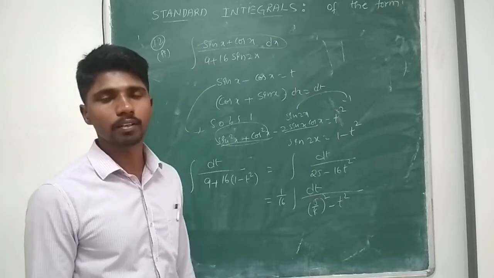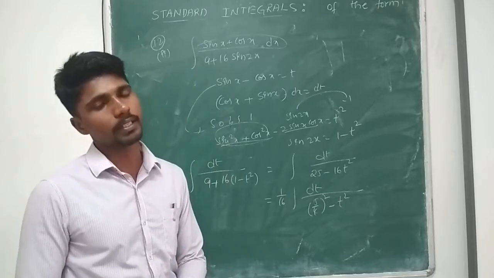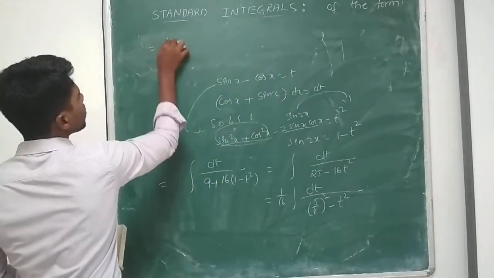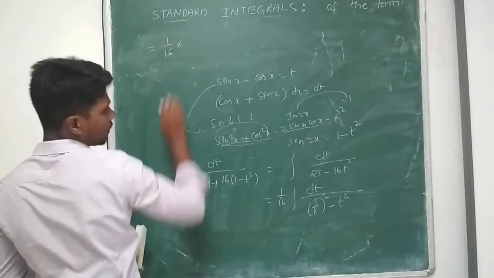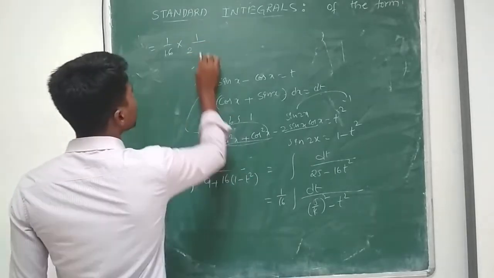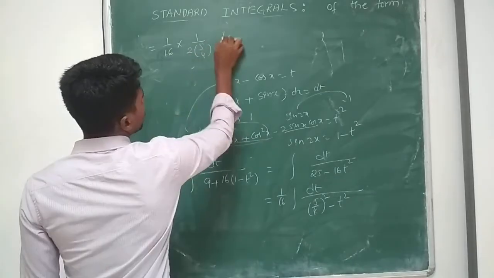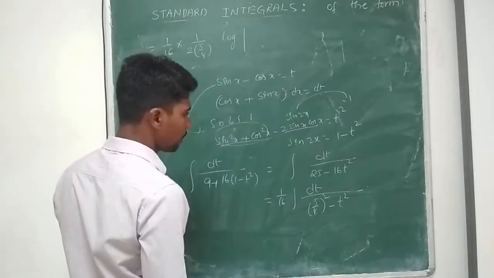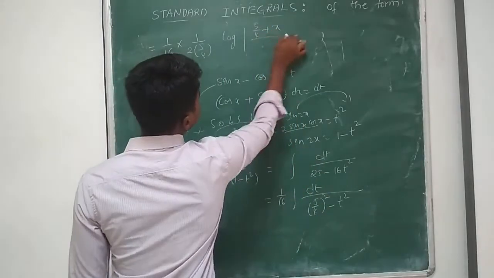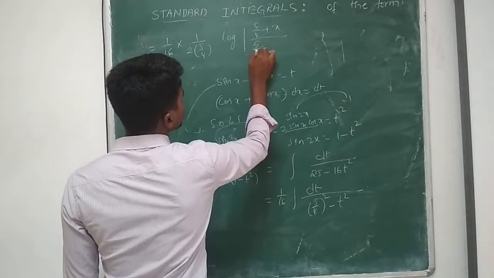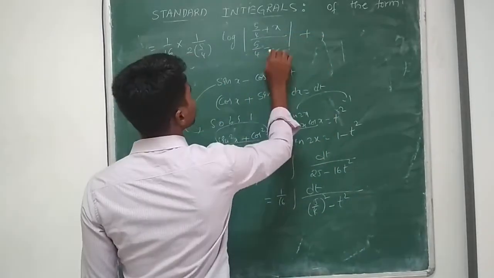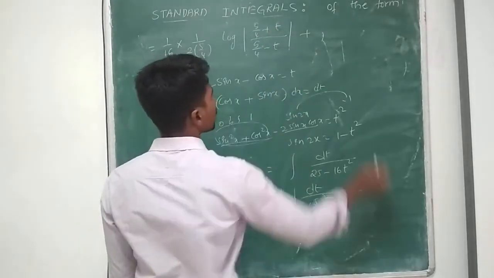Now it is in the form dt by a square minus x square, which is 1 by 2a log modulus of a plus x by a minus x. So our answer is 1 by 16 as it is, because it's a coefficient, into 1 by 2a. What is a? 5 by 4, into log modulus of a plus x, 5 by 4 plus x by a minus x, 5 by 4 minus x, sorry, it's not x, it is t, plus a constant c.